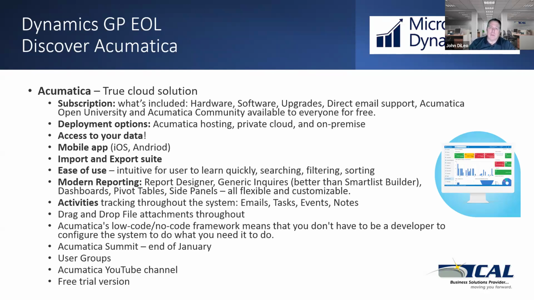So when we talk about those upgrades and all the new features that are coming, a good percentage of that feature functionality that's being added to the solution every 6 months comes from submissions through the Acumatica community. So community members, Cal's a member, all of our users are members, all of our customers are members, right? And then you see an idea that somebody submits and you can upvote that idea.